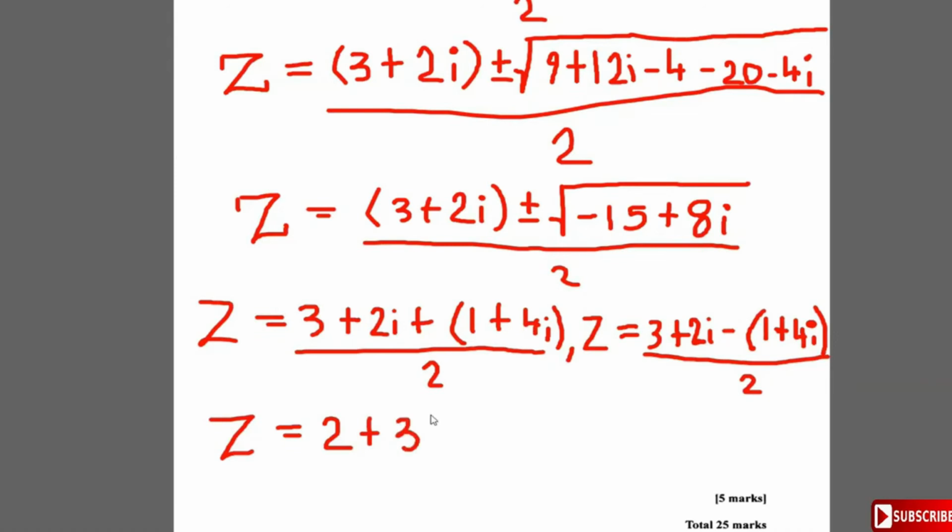So z is equal to 2 plus 3i, or z is equal to 3 minus 1 is 2, 2 over 2 is 1, and then 2i minus 4i is minus 2i, and minus 2i over 2 is minus i. So z is equal to 2 plus 3i, or z is equal to 1 minus i. Those are the answers. So that completes question number 1.